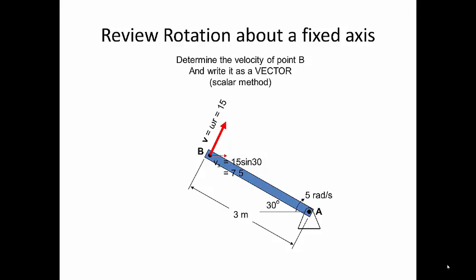Our velocity in the x direction will be equal to 15 times the sine of 30, which is 7.5. And our velocity in the y direction is 15 times the cosine of 30, which is equal to 13. So my velocity vector becomes 7.5 meters per second in the i direction plus 13 meters per second in the j direction.